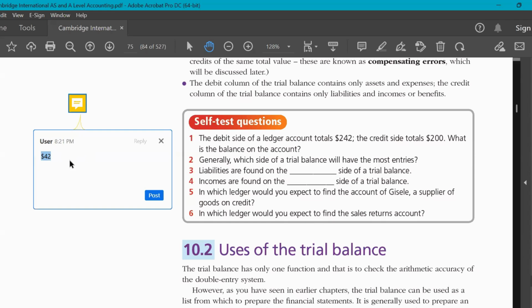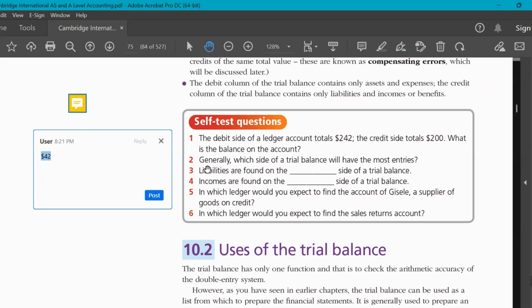So it's 42 on the debit side. Let me repeat, in double entry bookkeeping, for number one, whichever side is larger determines the balance. The debit exceeds the credit by 42, so this account carries on the debit side.